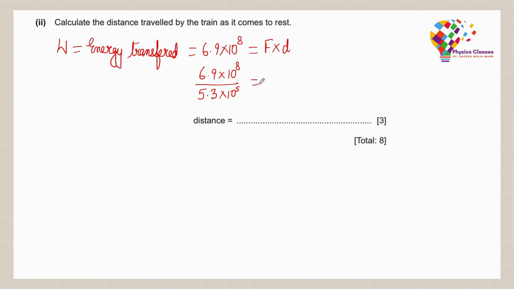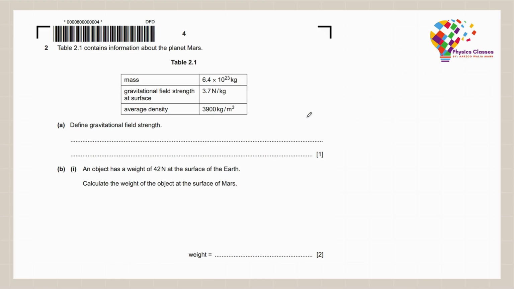So this distance simply comes out to be 1,300 in meters. If you want to put it in kilometers, you just divide it by 1,000, so it would be 1.3 kilometers. Now let's quickly move on to question number 2.